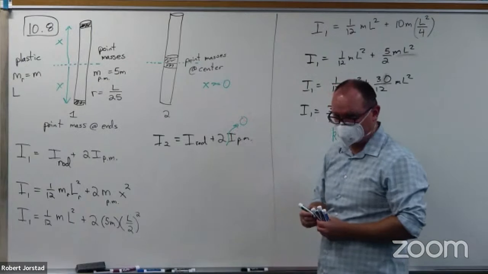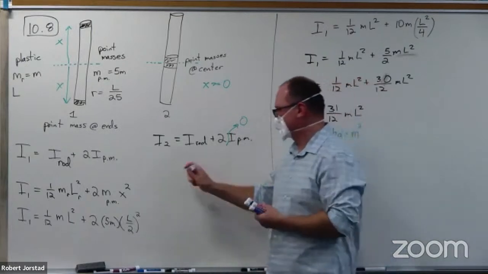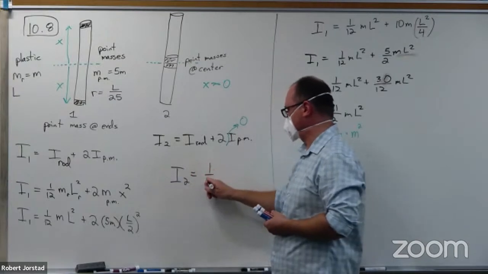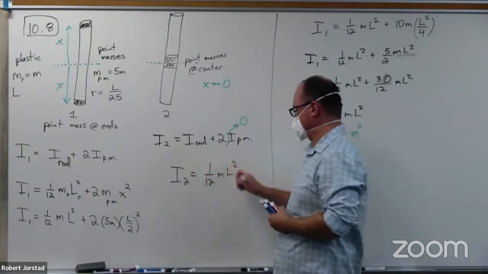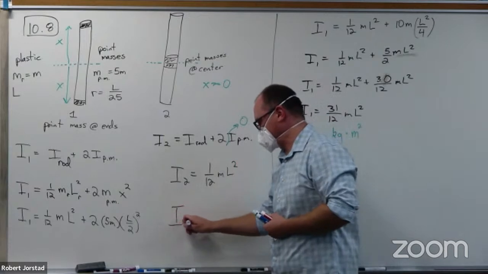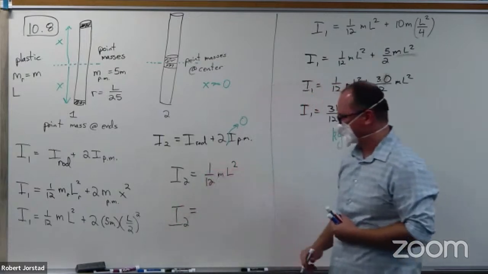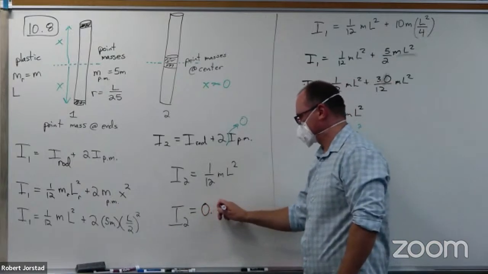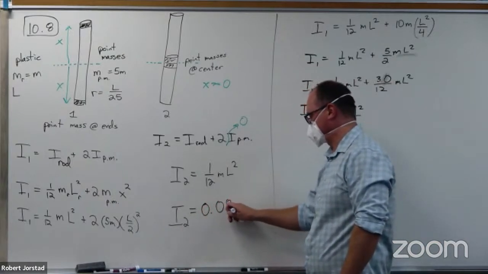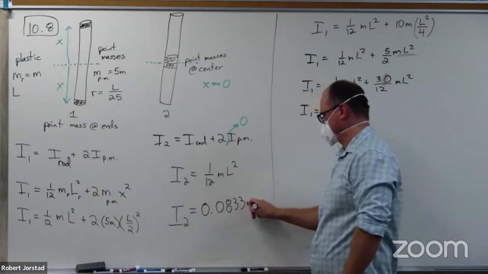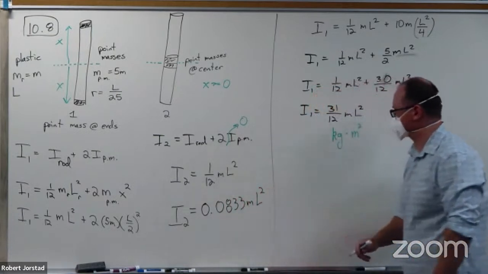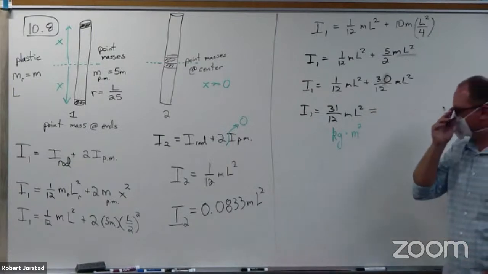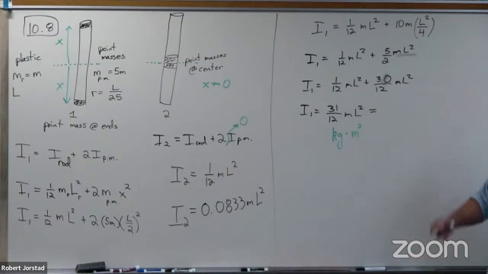Drops out. So notice I2 is a lot faster. It's just going to be 1/12 ml squared. Now, if we have a calculator, I say it's worth it. What's 1/12 approximately? 0.0833. Is that right? Making sure I don't screw it up. Yeah. What's 31/12? Can you help me out with that one? I don't have that right there.